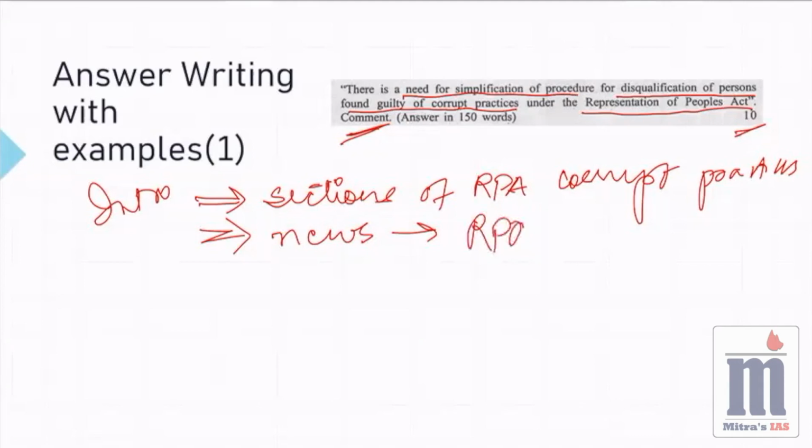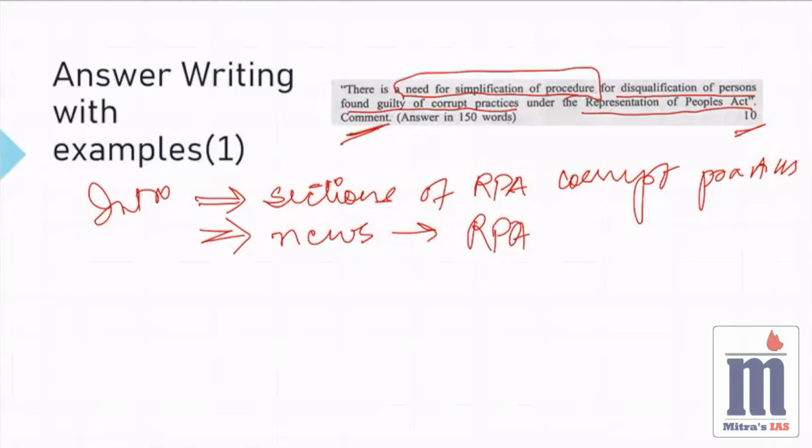Now, what would be your second heading? They are asking about the need for simplification. They want simplification of procedure, which means there are some complications in the procedure. And what exactly is the procedure?